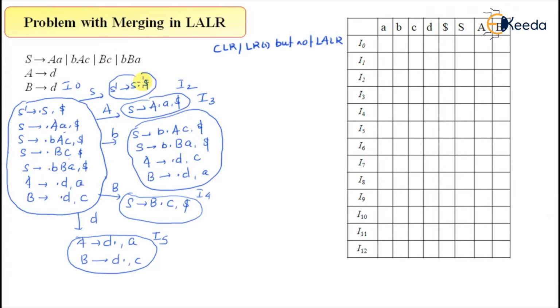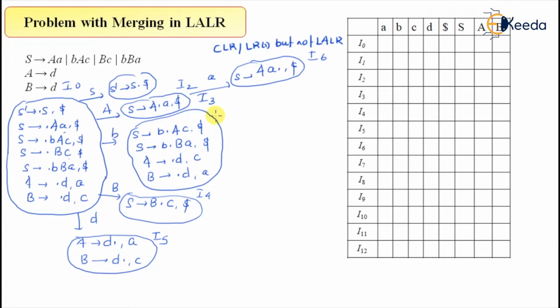I1 is over. I2 on input small a will become S derives AA dot followed by dollar, and that is your I6 state.